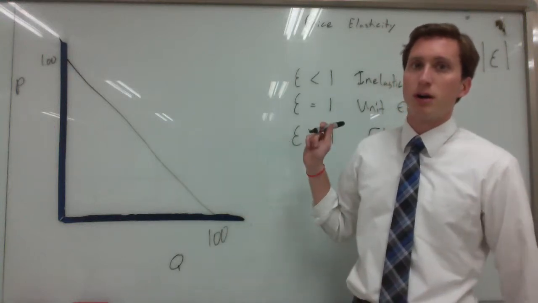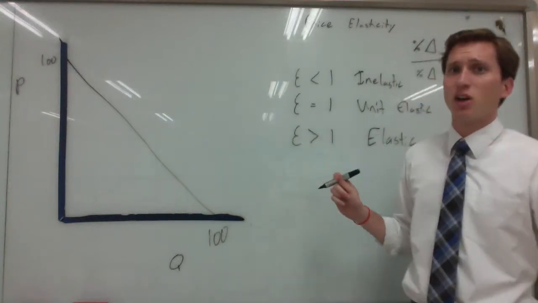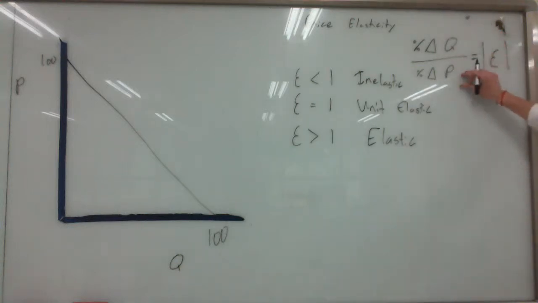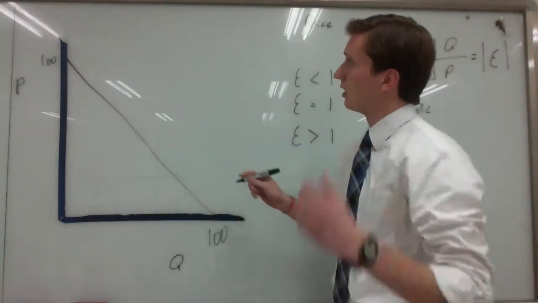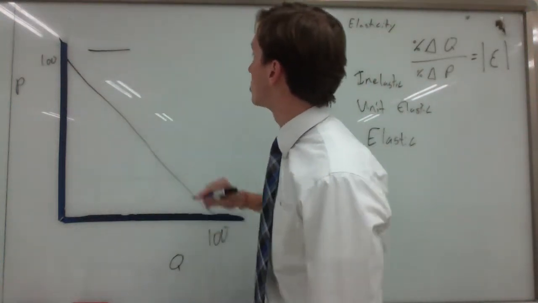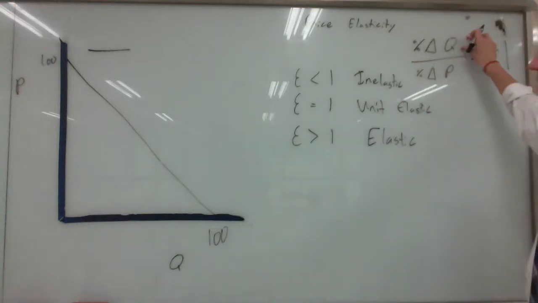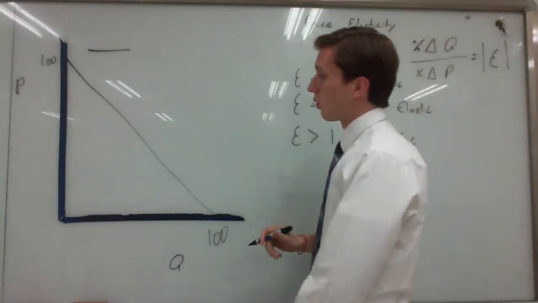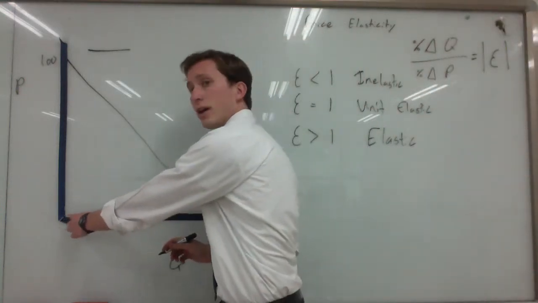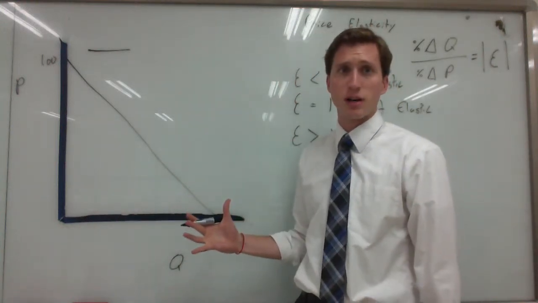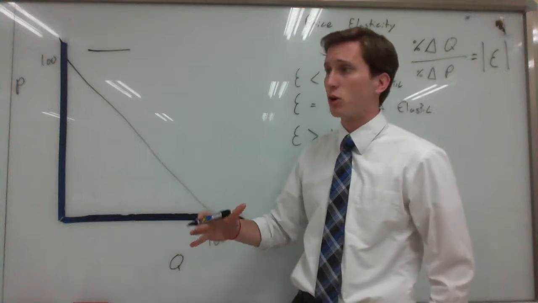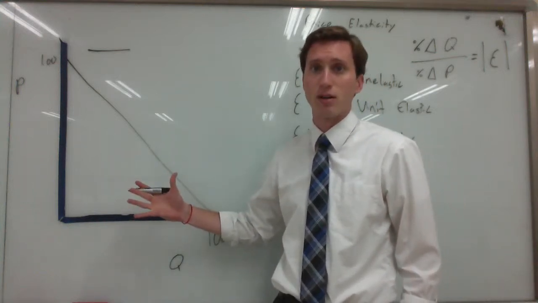But for price elasticity, we're looking at percentage change: percentage change in quantity over percentage change in price. In this top portion, we'll look at the percentage change of quantity first. So quantity goes from, let's say, 1 to 2. Well, that's actually a huge percentage change in quantity. That is a massive amount. If we're going from 1 to 2, we're doubling that number.